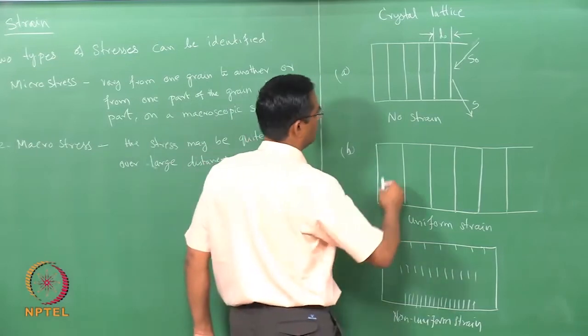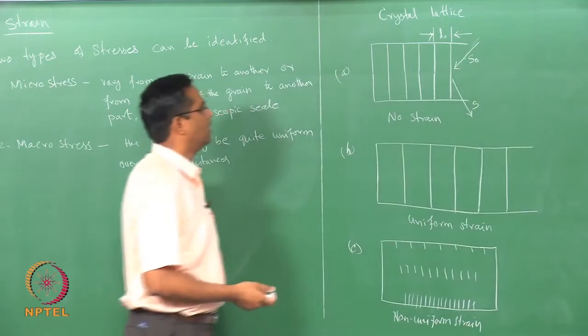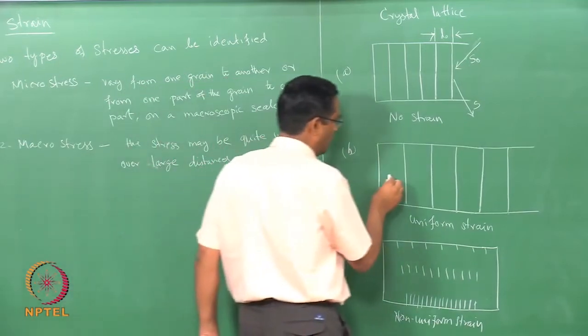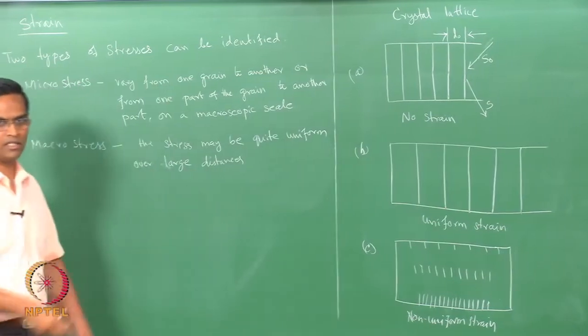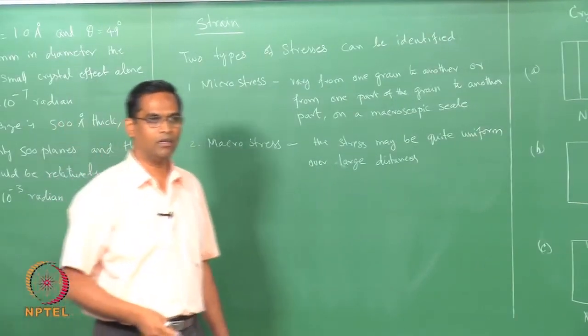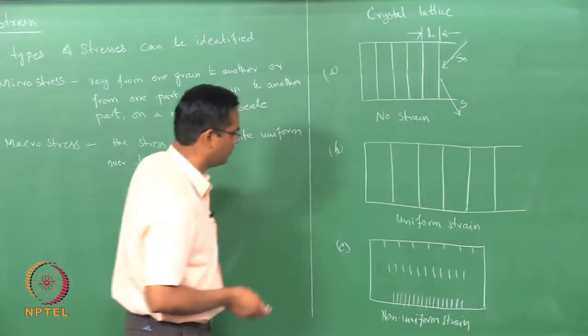Then if you assume that this plane is being pulled in this direction, and all the d is stretching to a distance more than d naught, then it is called uniform strain.